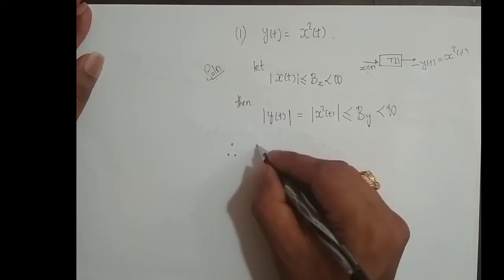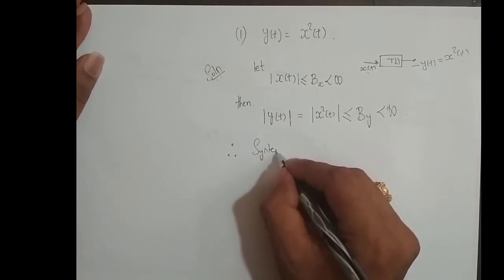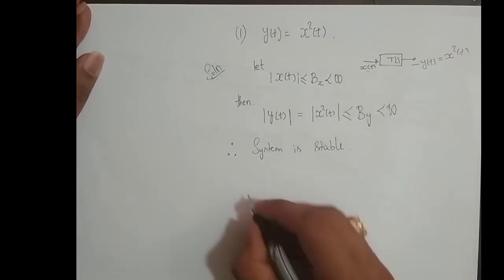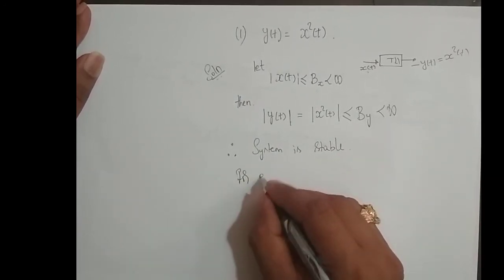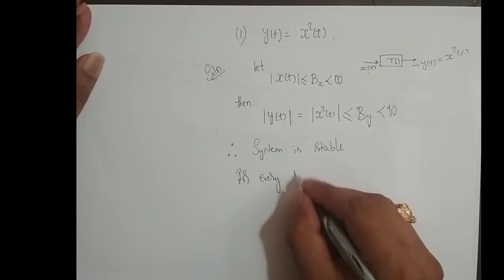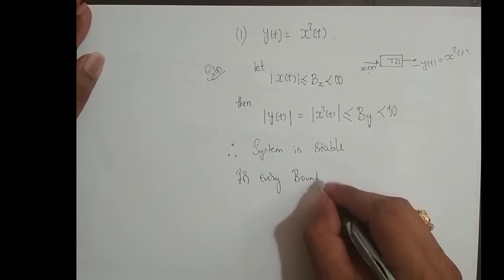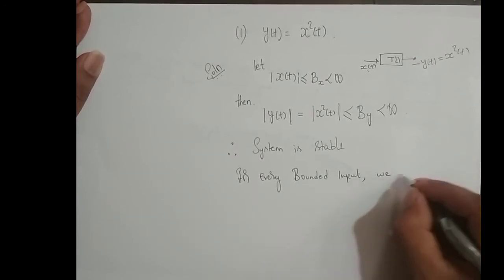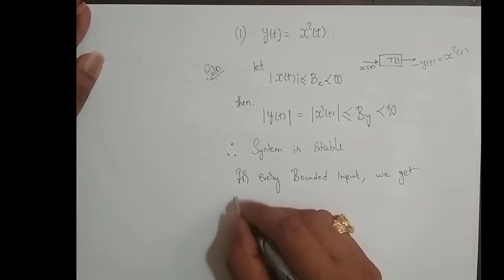So therefore the system is stable. Why stable? Because for every bounded input, we get bounded output.